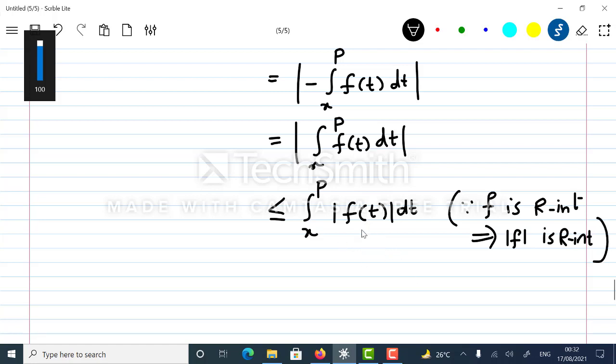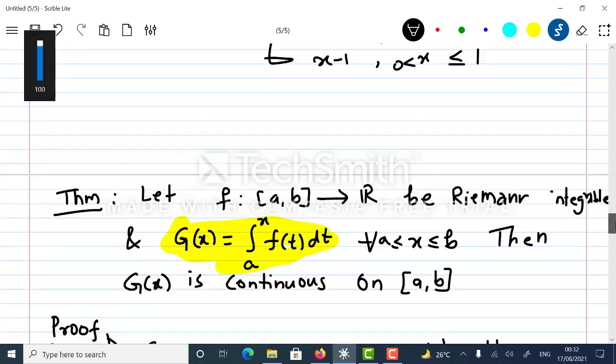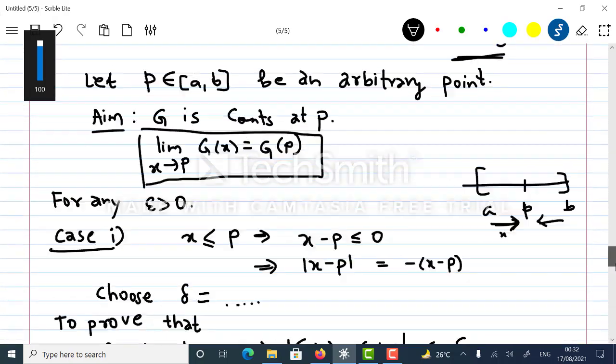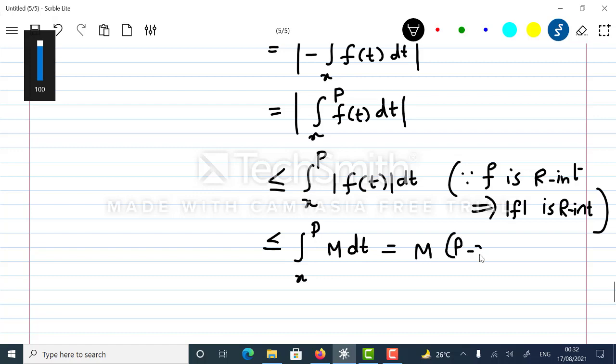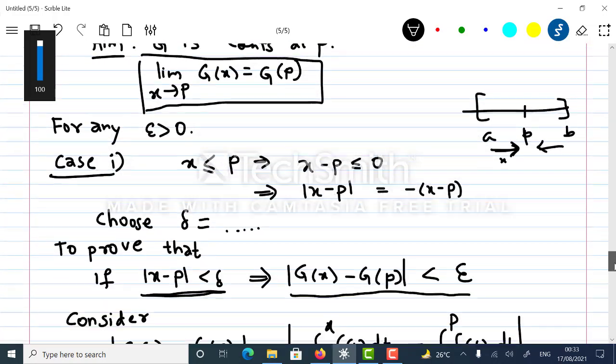Further, we know that mod f of t is less than m. Somewhere I have written number 1, I guess, yeah. So this is less than or equal to integral x to p, m times dt. And this is the same as, if I integrate this m, then it is m times p minus x. What is p minus x? Somewhere I have written.